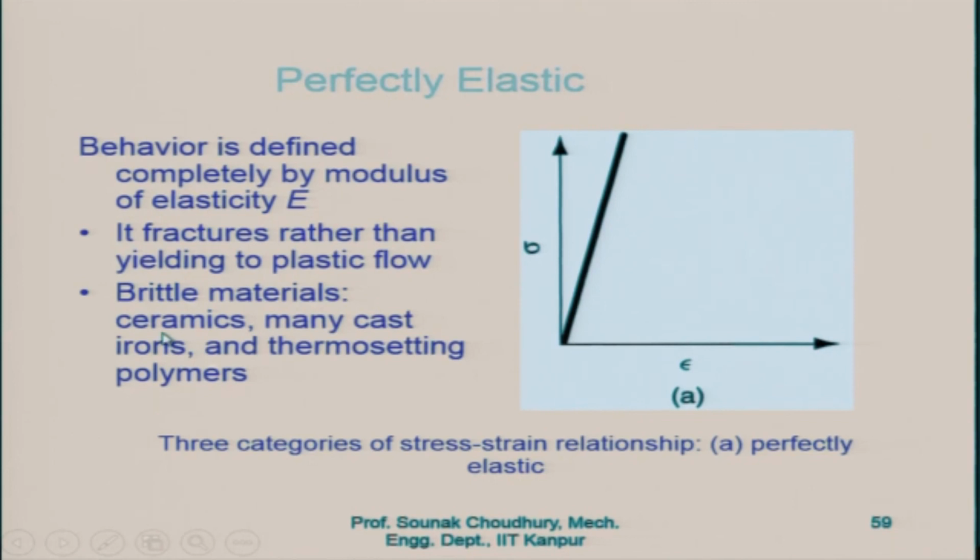Now, brittle materials, ceramics, many cast irons, thermosetting polymers, these are the materials which actually demonstrate this kind of a curve, okay. This is called the perfectly elastic category of the stress strain relationship. So, this is not for the plastic material or for the ductile material, but this is for the materials like ceramics, cast irons, thermosetting polymers and so on.